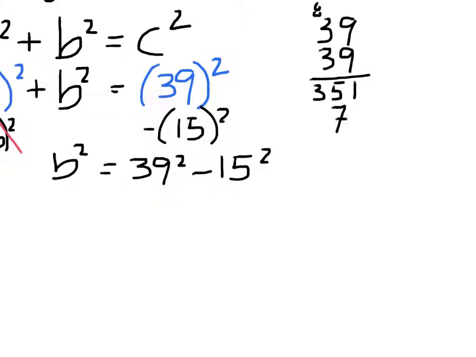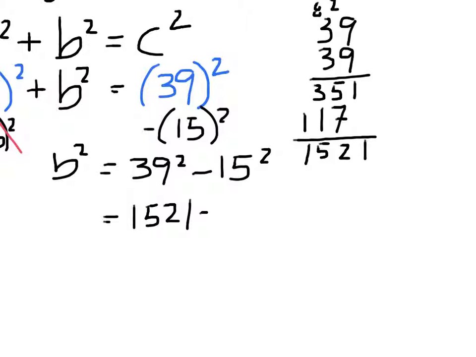Down the 7, carry the 2. 3 times 3 is 9, plus 2 is 11. So I have a 1. I have 7 and 5 is 12. Down the 2, carry the 1. 3 and 1 is 4, and 1 is 5. I have 1521 for that one.